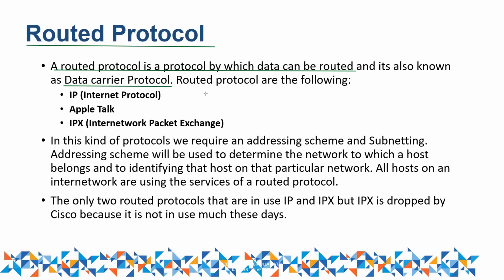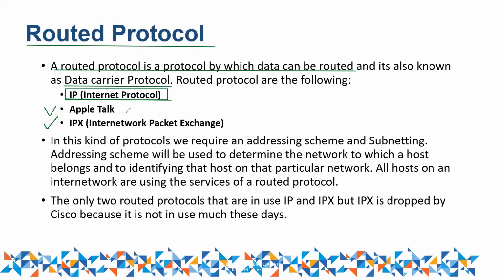There are a few common routed protocols. The most common one is IP, which is widely used almost everywhere. So IP, or Internet Protocol, is a data carrier protocol or routed protocol. AppleTalk is a routed protocol. IPX is a routed protocol.